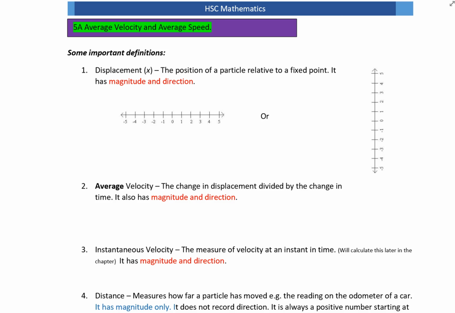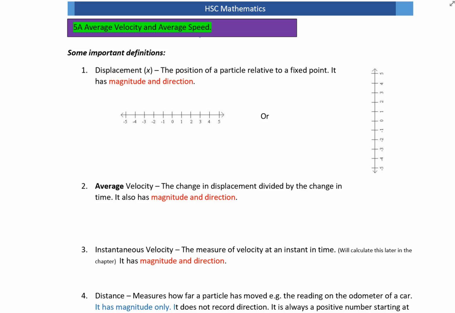5A talks about the difference really between velocity and speed. So, no calculus in 5A, absolutely no calculus, whereas 5B and 5C are all about calculus. So back before calculus, we looked at finding velocity and speed.